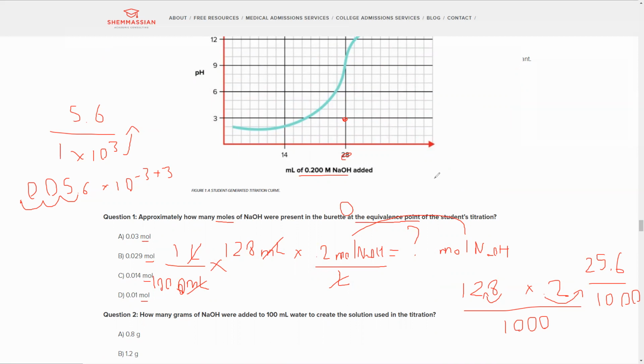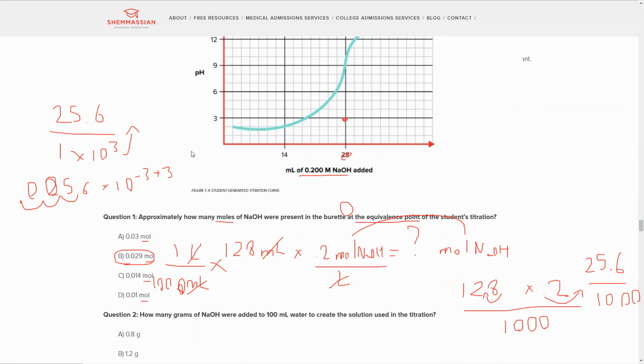Now if I do 25.6, I have essentially 0.0256. And I guess this is the closest one, 0.0229.